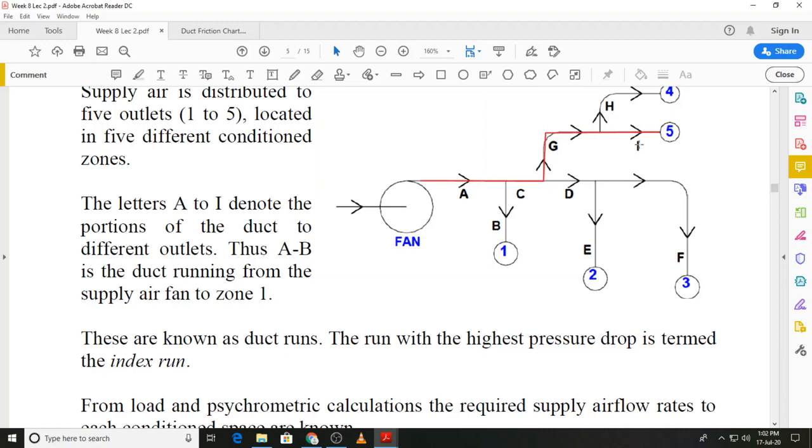So we will have to calculate the pressure drop separately for all the runs. Once we have done that, we will be able to identify the run with the maximum pressure drop, and that run is known as the index run. And it is important to know the index run because the fan selection will be based on the index run. The maximum pressure drop that you encounter must be overcome by the pressure that is developed by the fan.